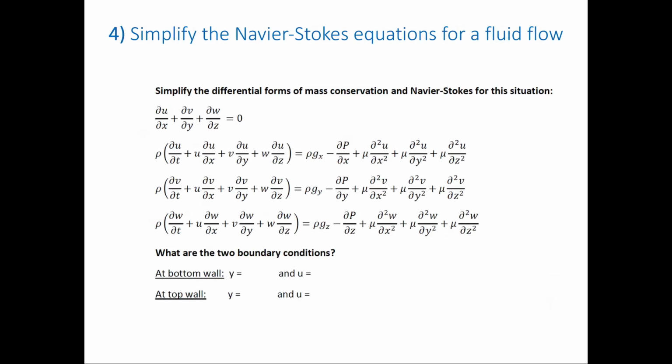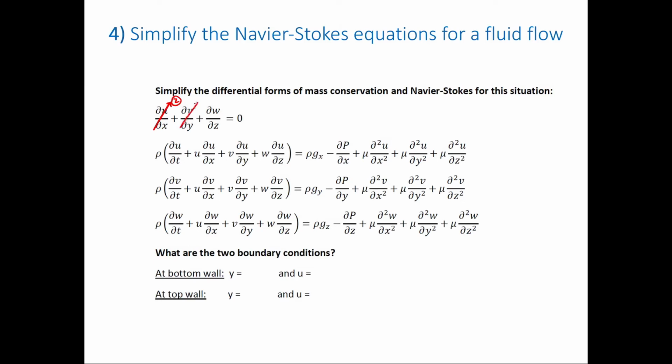Okay, so let's work to try to simplify these things. Here are the equations of interest that we're really looking at. We said this is a fully developed flow, right? So from the assumptions that we had on the previous page, we could say du/dx is going to be 0 because of assumption 2.